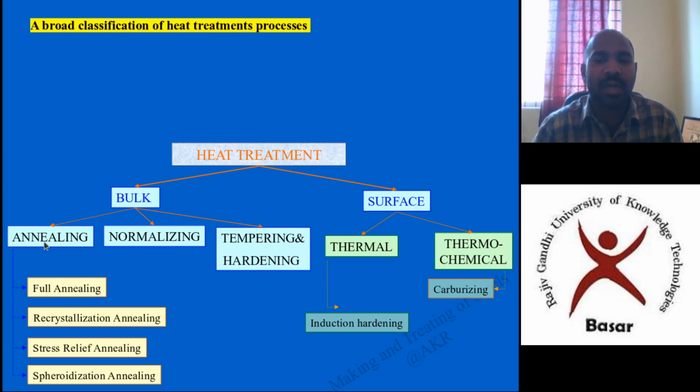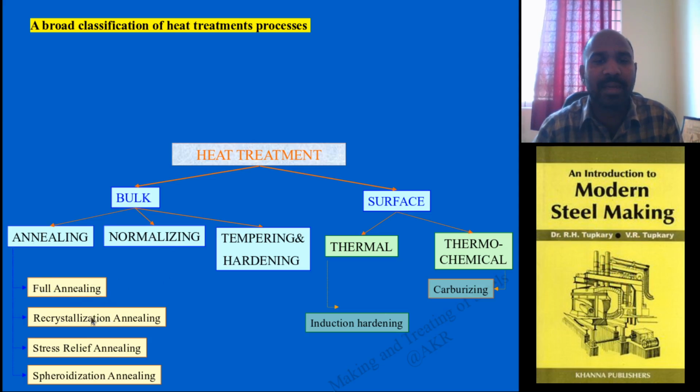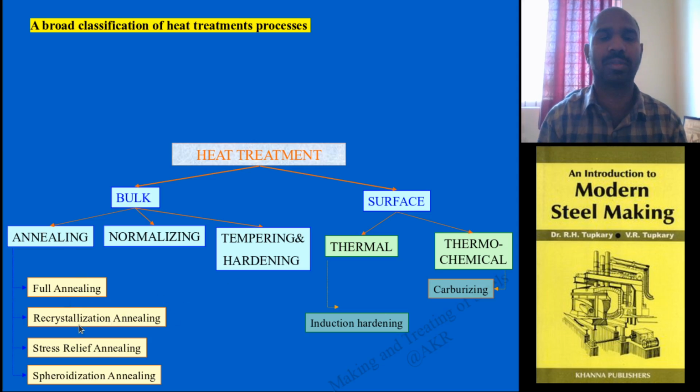In bulk treatment, the annealing process is further classified into full annealing, based on the temperature chosen from the iron-iron carbide diagram, above the A1 temperature, called the full annealing temperature. Below this temperature, you will see other annealing processes in the next lecture.